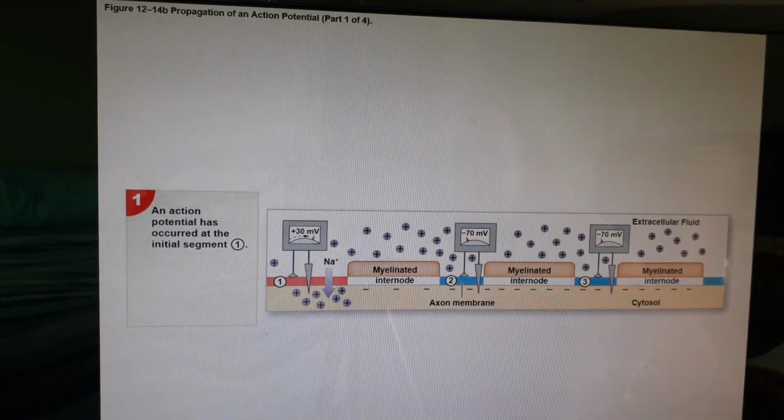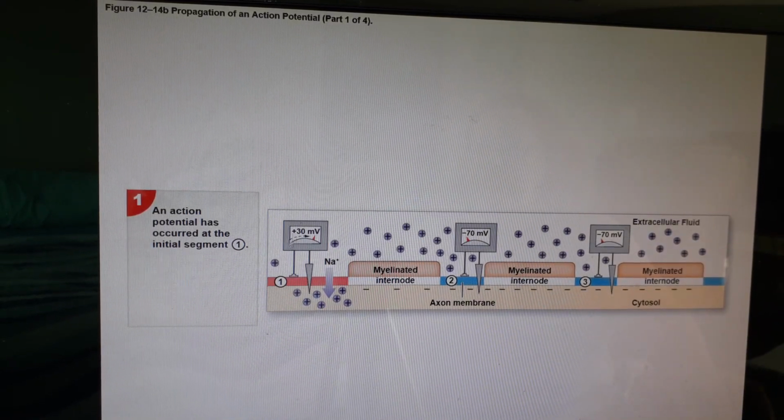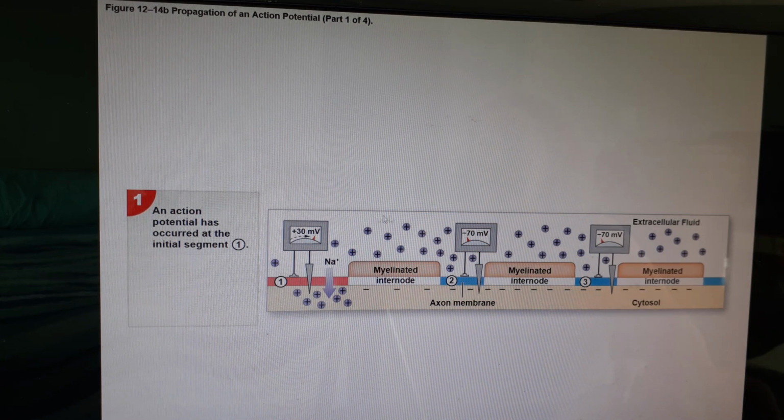So if here is a node, when this one gets to +30 millivolts, rather than having to just influence this part, the myelin covering it up eliminates it. And now these changes are felt here in the next node after the internode. So this action potential will cause the next one to happen here, and this action potential will cause the next one to happen here.